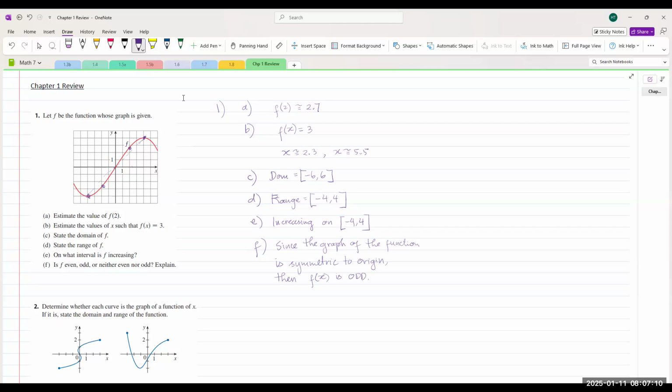Okay, that's for question number 1. I don't think I will ask this kind of question in my test, but the underlying idea is of course necessary.